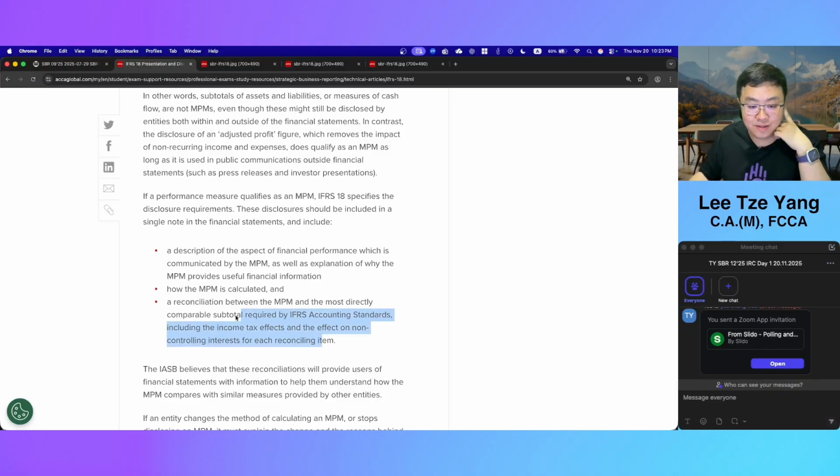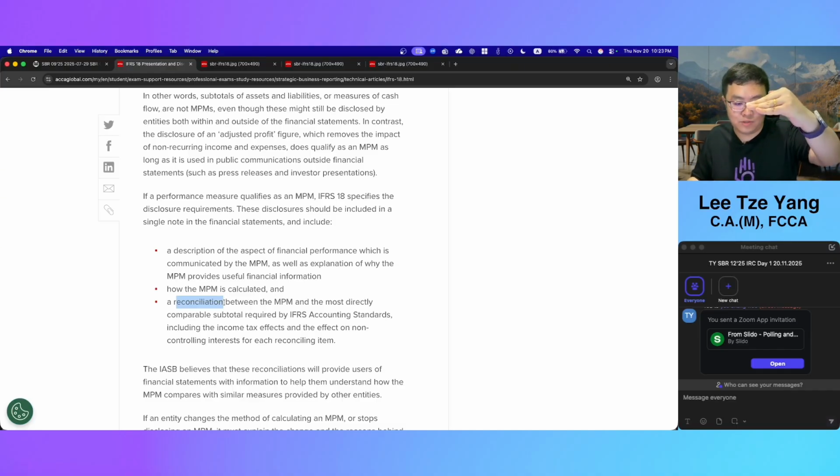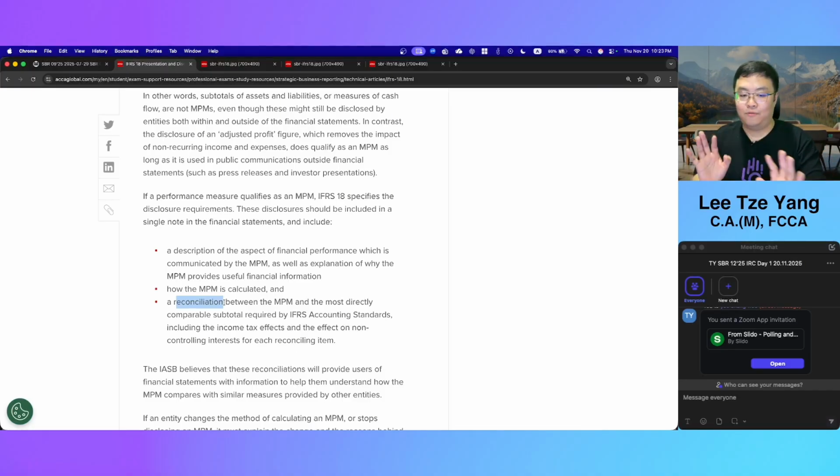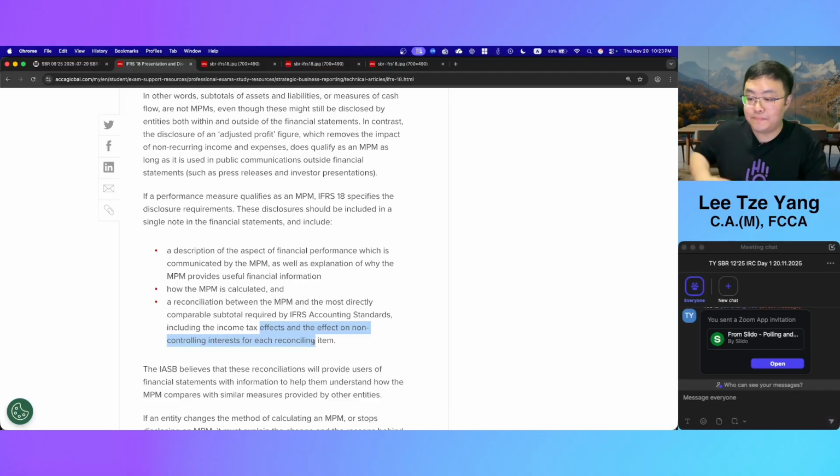This one in theory can already, no need to know in detail how it works. The question may ask you to prepare a simple reconciliation. Simple one only, not a complicated one. For example, EBITDA, then I just minus something, then I get the operating profit. Or I minus something, then it becomes, let's say, PFIT. Something like that. So you just need to know a bit of reconciliation can already. This one is just theory.